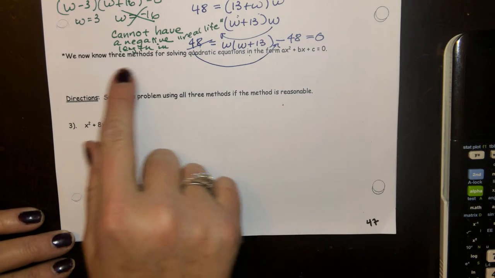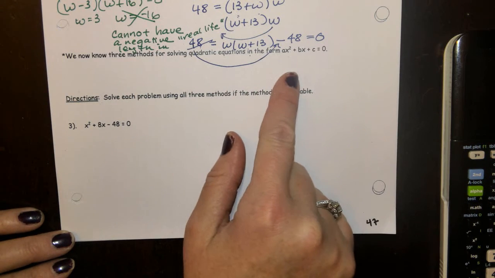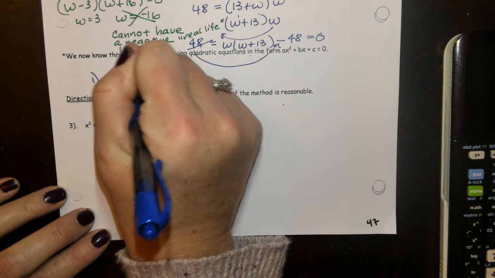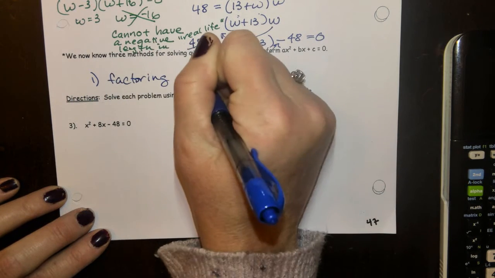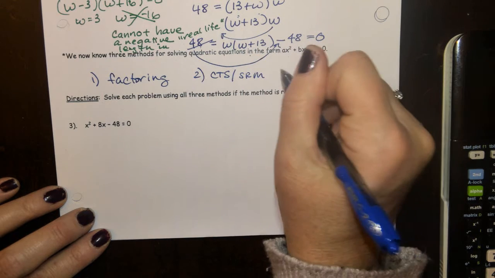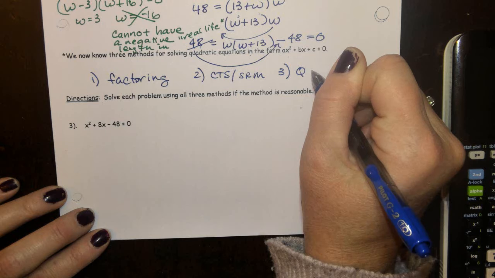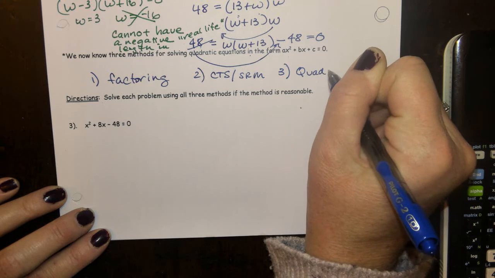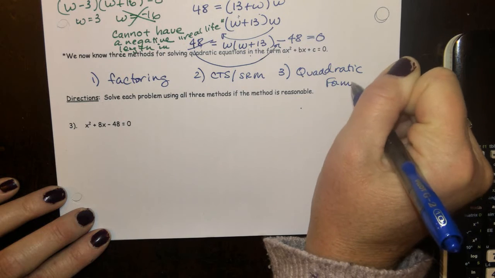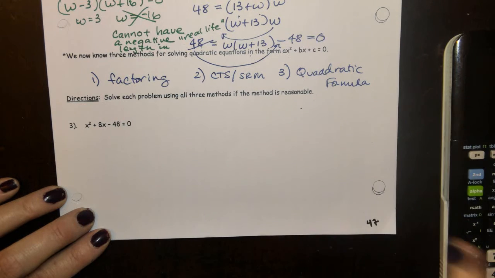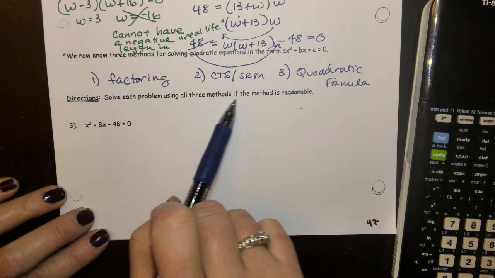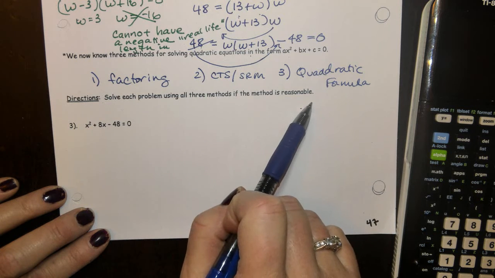All right, we know the 3 methods for solving quadratic equations: factoring, completing the square roots method, and quadratic formula. I will write that out. Solve each problem using all 3 methods if the method is reasonable.